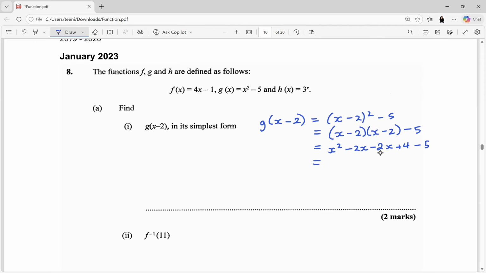So this would give me x squared minus 4x, and then plus 4 minus 5 is minus 1. So that would be your g of x minus 2 is x squared minus 4x minus 1.